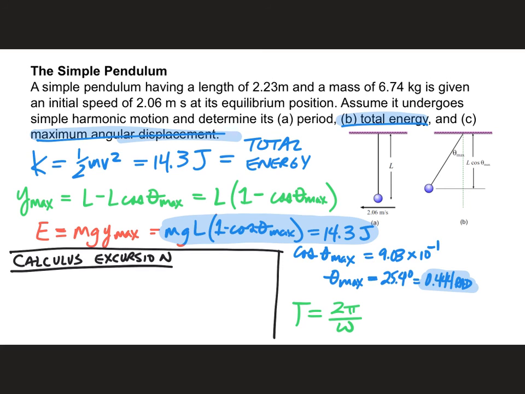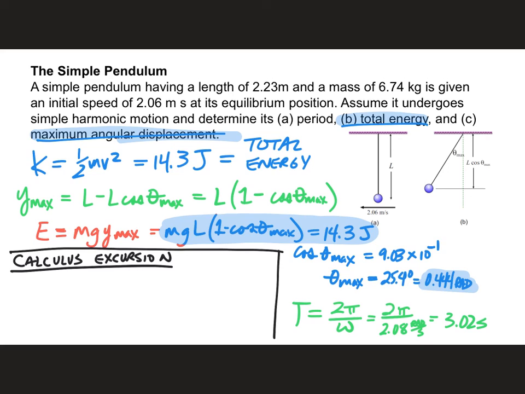Okay? Now, omega does happen to be, I'll get it here in a second, it ends up being 2.08 rads per second, which means the period is 3.02 seconds. Now, where does that come from?